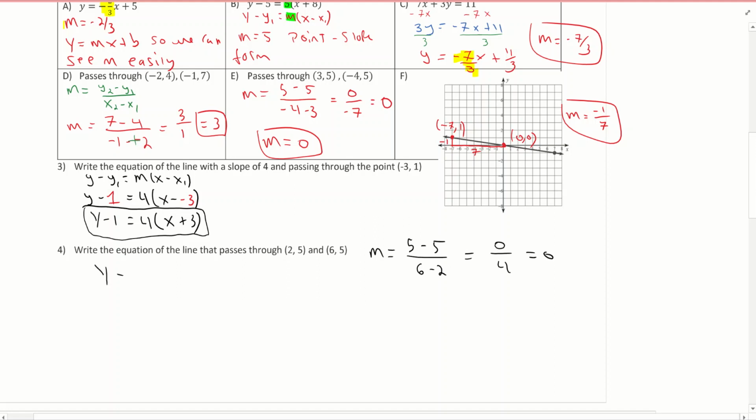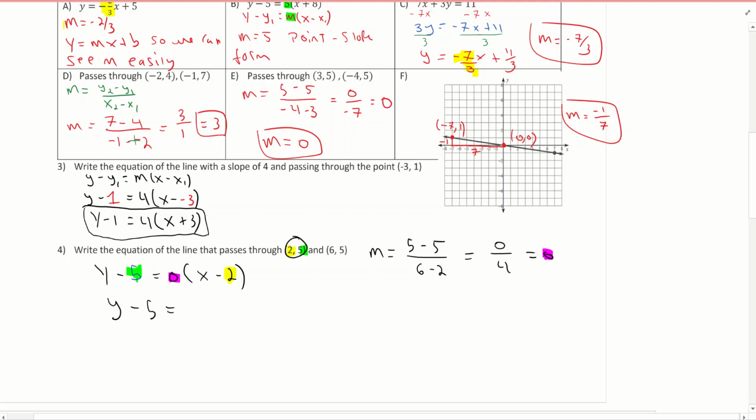So we're doing y minus a y coordinate, which let's use 5 as our y coordinate, using this point, equals the slope times x minus the x coordinate, right? We used that there, and we used this 5 over here, and we used our slope right there. That's where those are coming from. And we should just simplify.